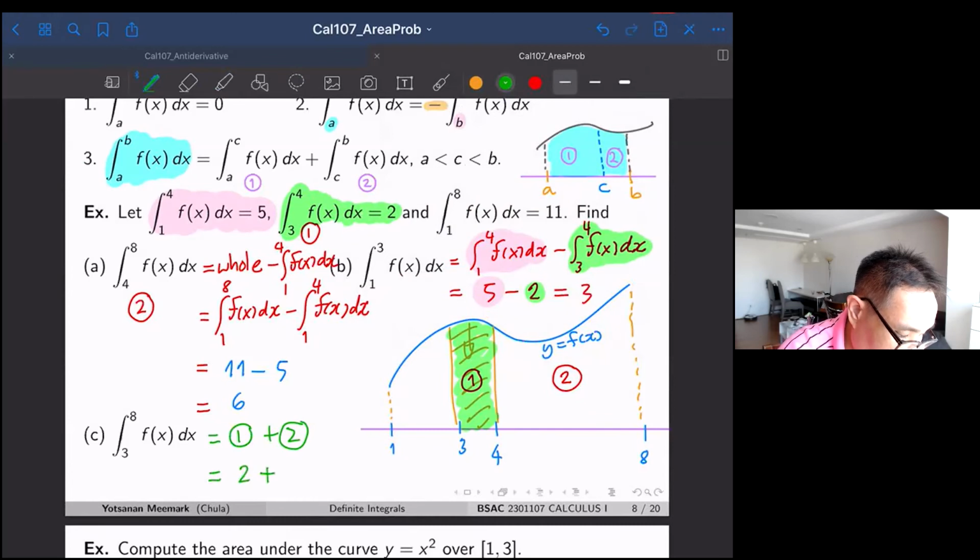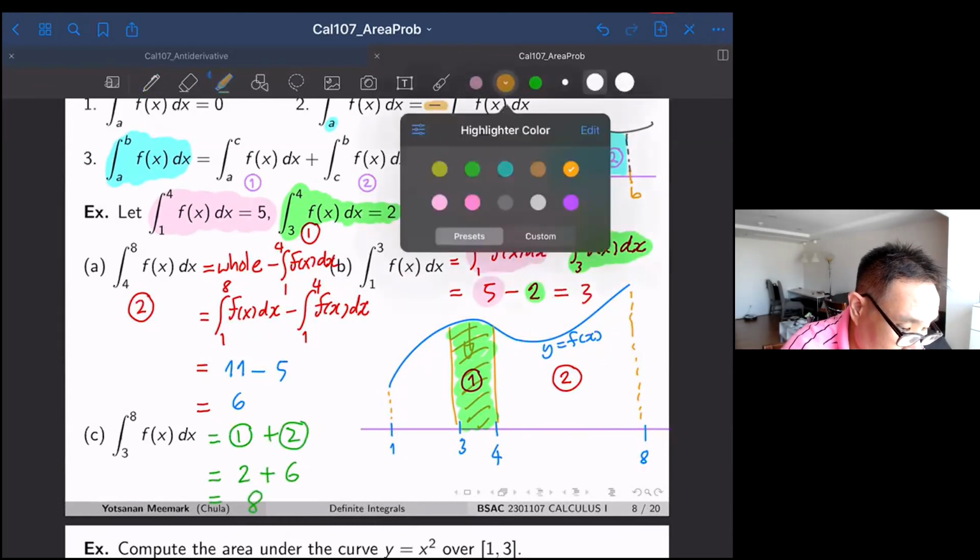You're going to have number 2, which is 4 to 8, is going to be 6. Okay, so it's going to be 6. So this will be your total answer equal to 8.